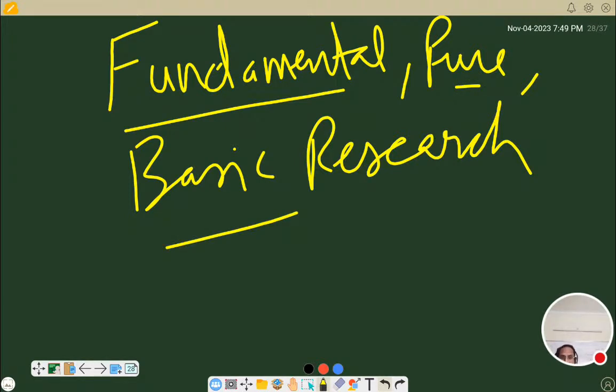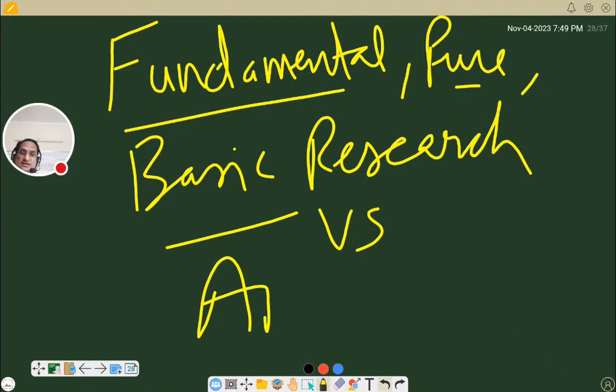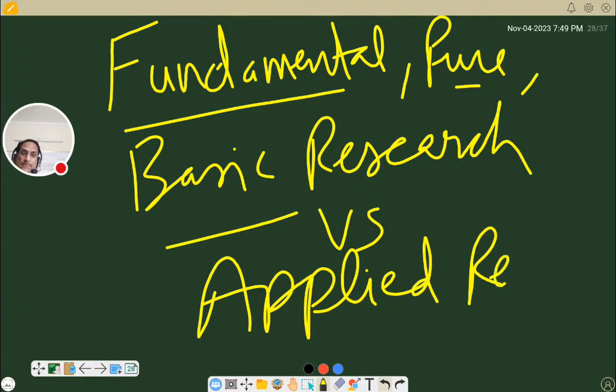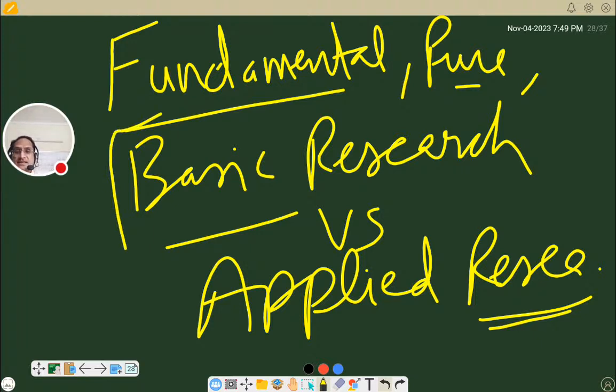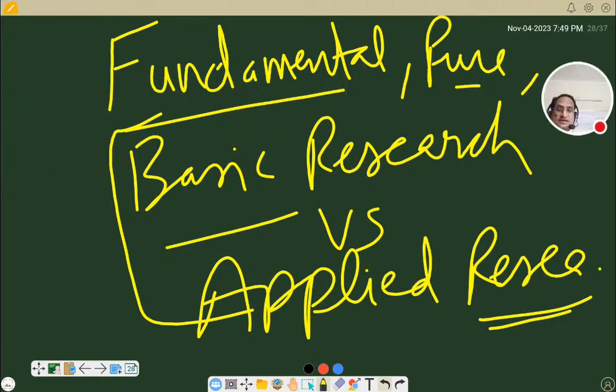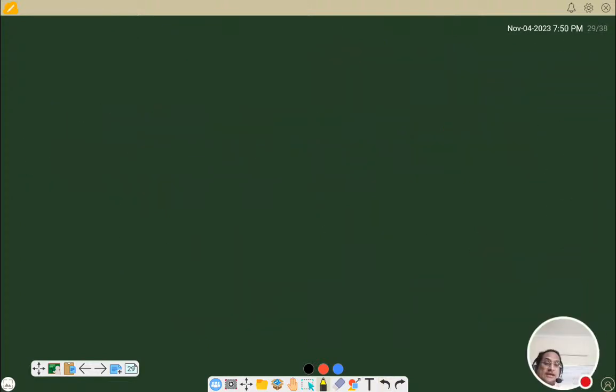These are one type of research as compared to your applied research. This is our topic, basic research versus applied research. This has been given in the syllabus. Now we will understand what a basic research is first, then what an applied research is, then we will compare them.